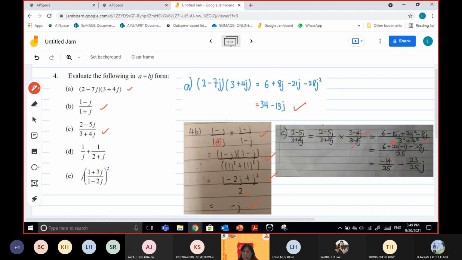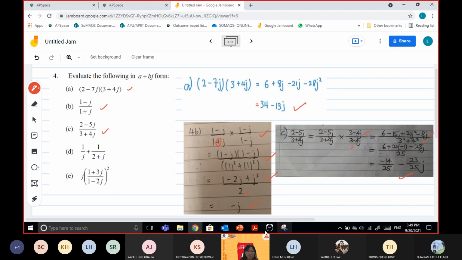The top, which is 6 minus 15J, then minus 8J, yes. Then plus 20J squared, yes. So after simplifying, minus 14 over 25 minus 25. Okay, so this one is correct. So the solution from Samuel is also correct. Okay, done. Right, ABC. Check your answer.